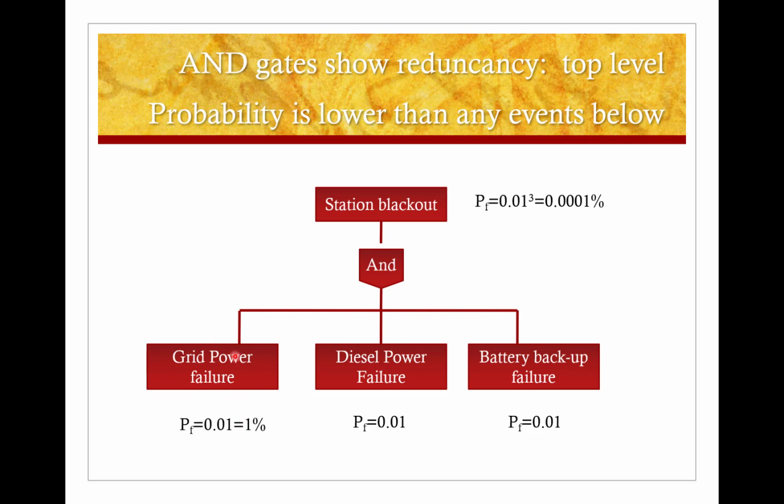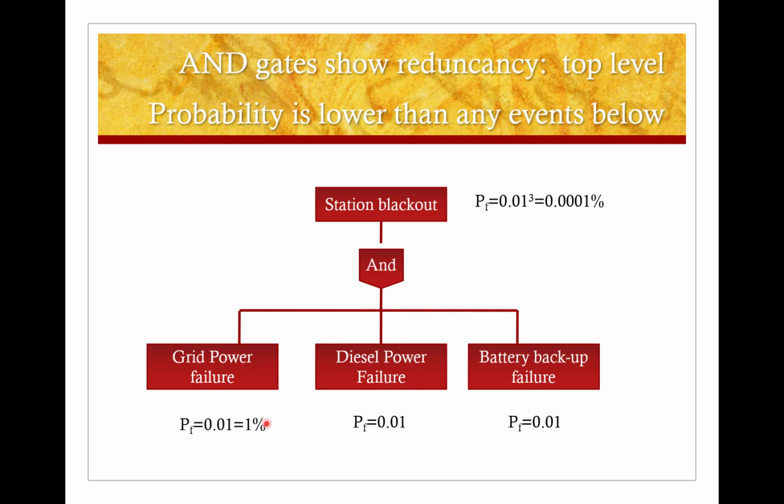If the probability of grid failure was 1%, diesel failure was 1%, and battery backup was 1%, 1 in 100 is a pretty high failure rate, and we are not going to want that for these systems. But nonetheless, the way you propagate those probabilities up through to generate station blackout is you multiply each of them together. And if you do that, you see that we have 0.0001%.